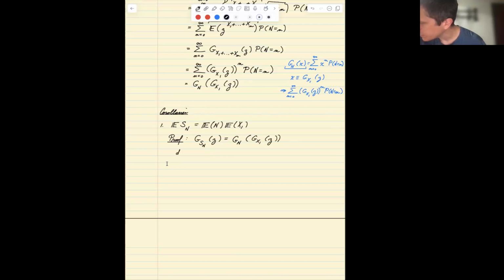So the first derivative, chain rule, right, is d/dz of G_N composed with G_1. How does that work? It's the derivative of G_N evaluated at its argument, but then we have to multiply by the derivative of the argument.